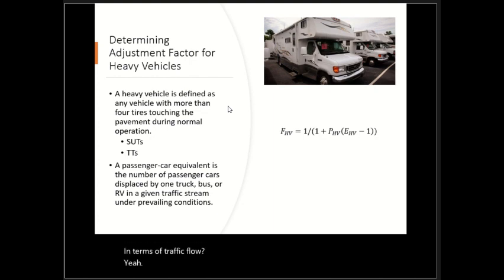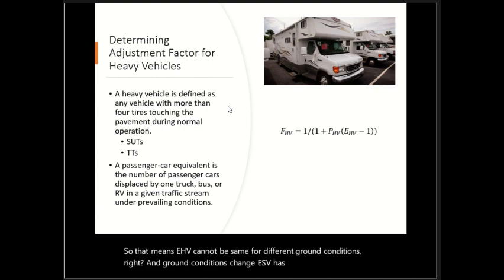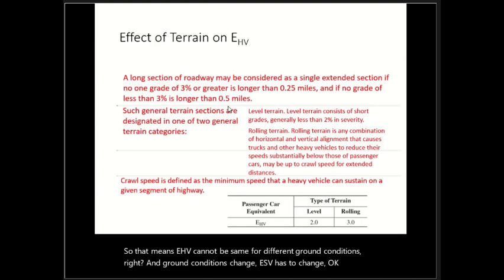Any questions? Okay. Will the heavy vehicle have the same effect on level ground and a slope? No. So that means EHV cannot be the same for different ground conditions, right? When ground conditions change, EHV has to change. The ground or terrain can be mainly divided into 2 categories: general terrain and extended gradient.